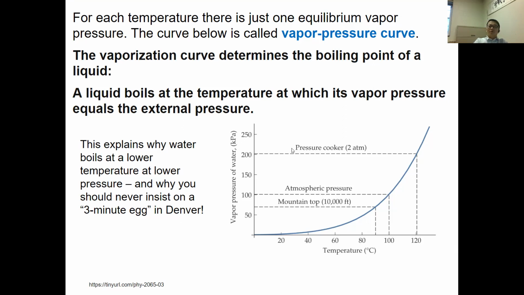So for a pressure cooker, if the pressure is at 2 atm, 2 times atmospheric pressure, then the boiling temperature is about 120 degrees. Okay, so then you are cooking the food at much higher temperature. In chemistry, you know that if the temperature is higher, the reaction rate actually will be much faster.